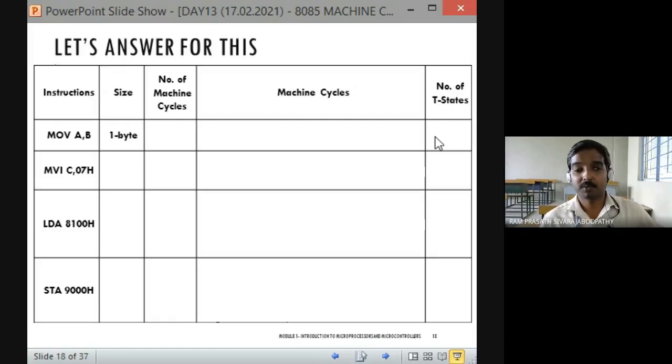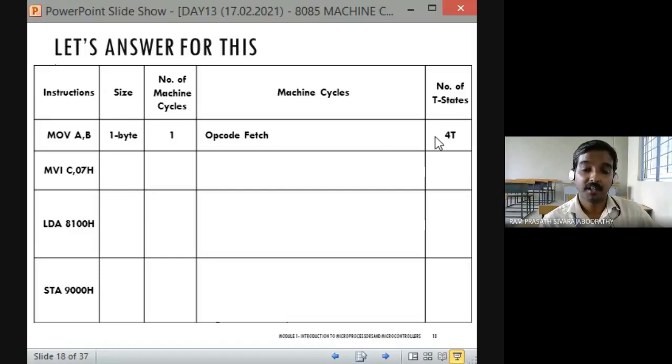That is the opcode fetch machine cycle. What about the operands? They are internal, so execution doesn't require any more timing. Correct? So one machine cycle. Very good. What is the name of the machine cycle? Yes, opcode fetch. Very good. How many T states does it take? Yes, very good, 4 T states.